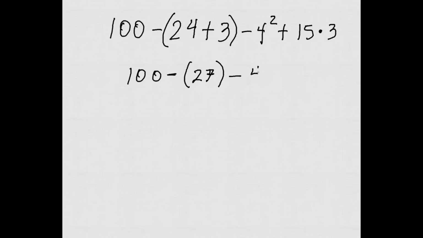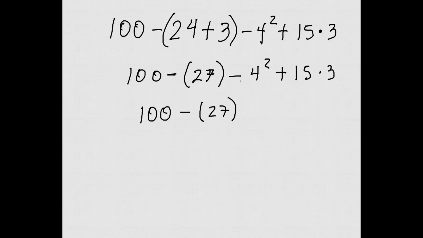Now we write everything as it is. The next step is to do the exponents. Here we have one exponent, 4 to the second power. Notice that the negative sign is not inside of the exponent, so the only number inside of the exponent is the 4. So we keep the negative, and 4 squared is 16.